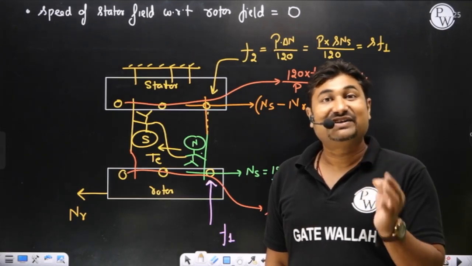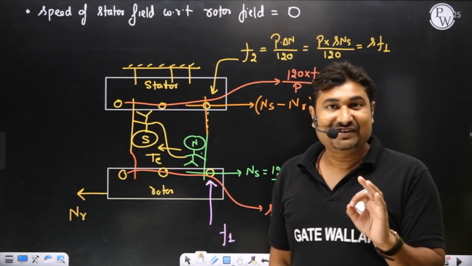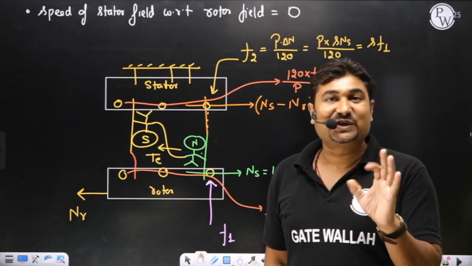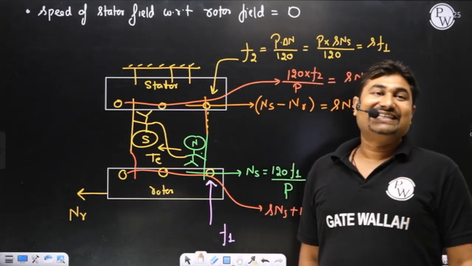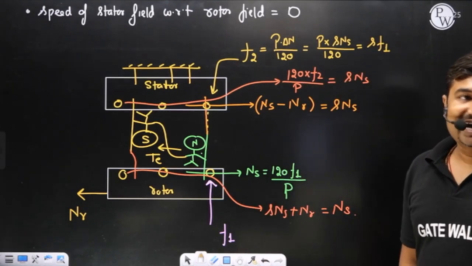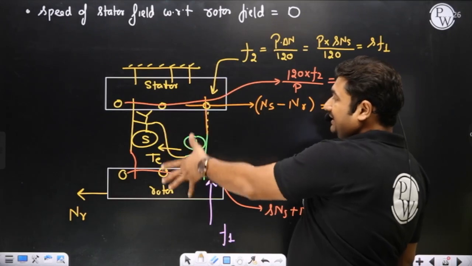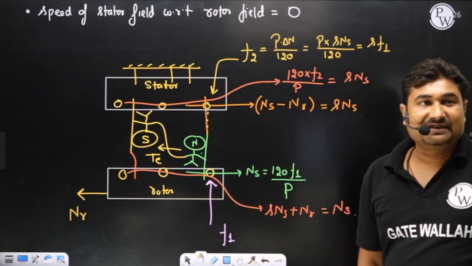When supply is given to rotor, then with respect to stator SNS, with respect to rotor NS, and with respect to each other 0, sir. Is it okay? Are you able to understand up to this part? Is this diagram method sufficient? Are you able to understand the diagram method?